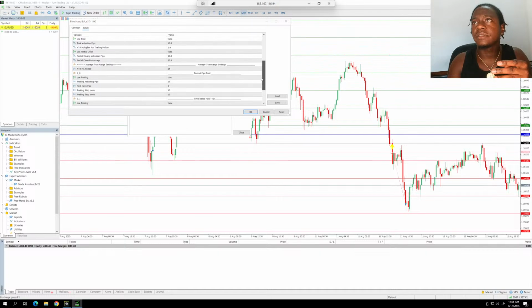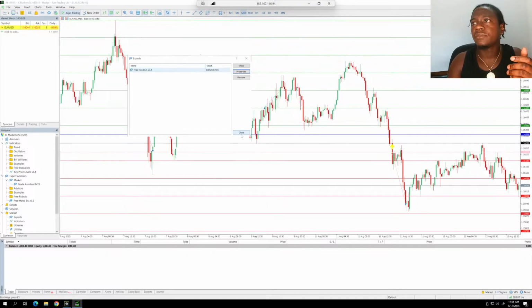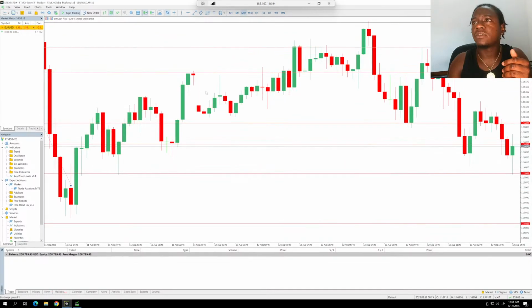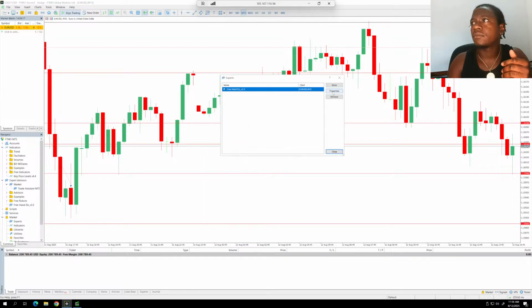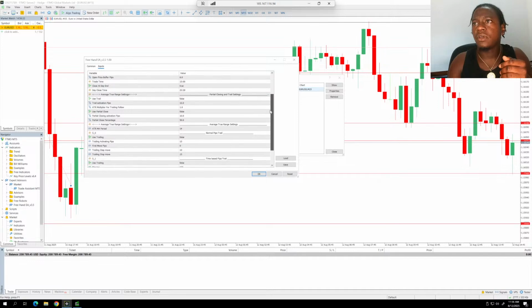All right, and then yep. FTMO should have similar settings here. Risk amount is going to be a rack. TP is 2.53. Stop loss at 17. Open price buffer 6. Yep.